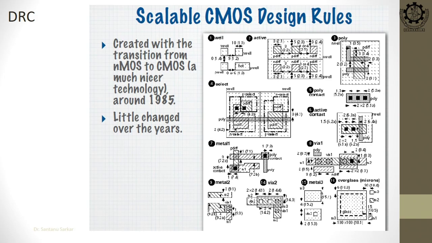Otherwise, what will happen, suppose one metal line is very thick and another metal line is very thin and they are drawn very close. So, what may happen is that it can get short, right, because when you are drawing this metal line, it is very difficult to control the width of this metal diffusion, right.